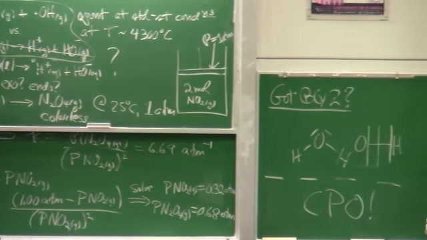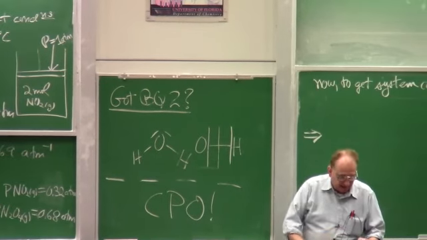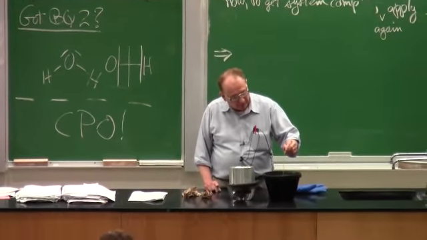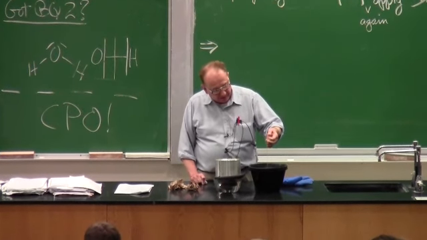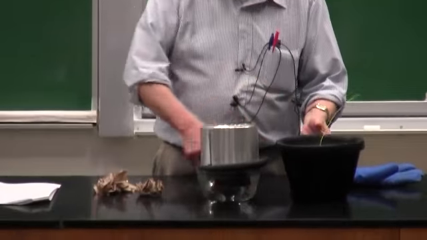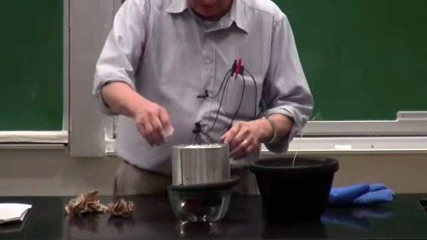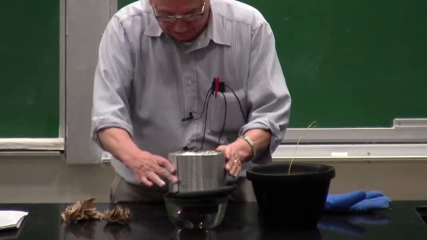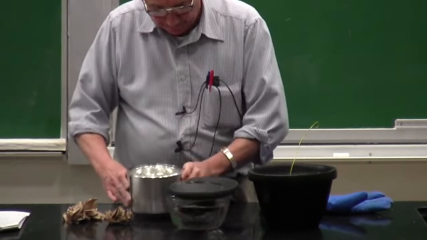So, for your benefit, I have here an NO2, N2O4 equilibrium system in ice water. Ice cubes slushed around the water liquid. And here, this is just weight to keep the damn thing immersed.